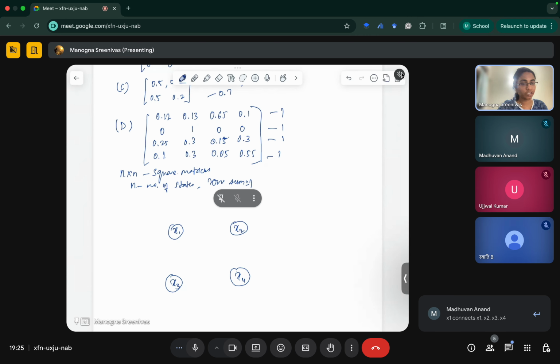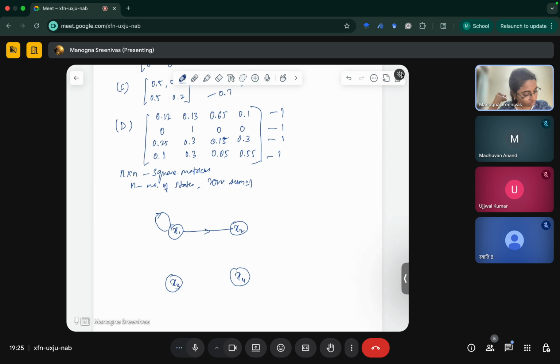X1 connects to x1, x2, x3, x4, right? So x1 connects to x1, which means there's a self loop. It connects to x2, it connects to x3, and it connects to x4. And what are the probability values for each of them?